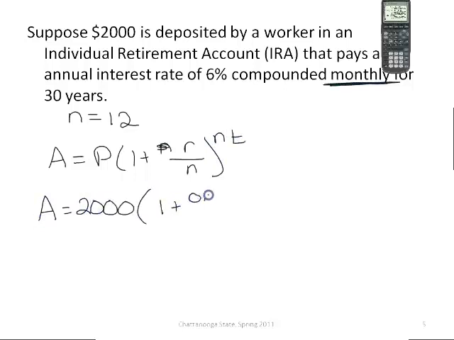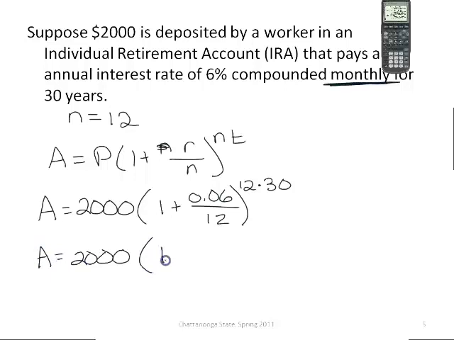So this is 2,000 times 1 plus same interest rate of 0.06, but this time the n is 12. So my exponent here is going to be 12 times 30. So I have 2,000 times 1 plus 0.06 over 12 raised to the 360th power.